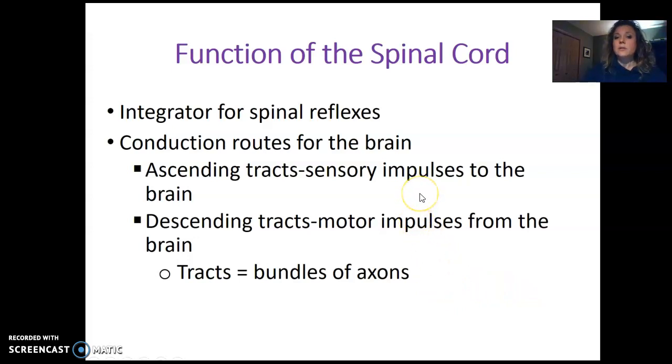As I said, the ascending tracts send sensory information up to the brain, which is why they're called ascending tracts. And then the brain sends motor impulses down through the spinal cord so that they can exit out to the body. Remember that in the CNS, tracts are bundles of axons.